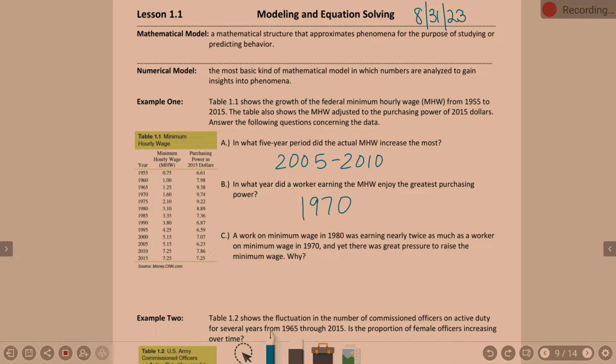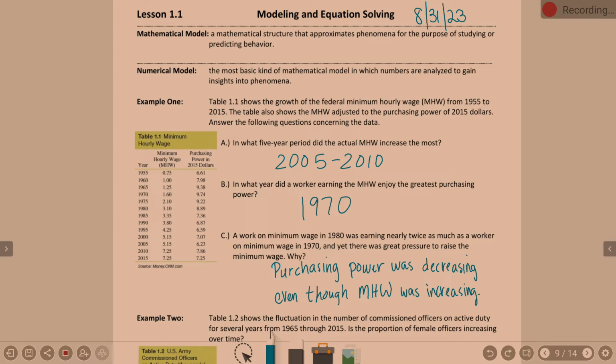Okay? So even though your hourly wage was increasing, the purchasing power was decreasing. You can write some kind of answer there, however you want to. I'm going to say purchasing power was decreasing, even though minimum hourly wage was increasing.